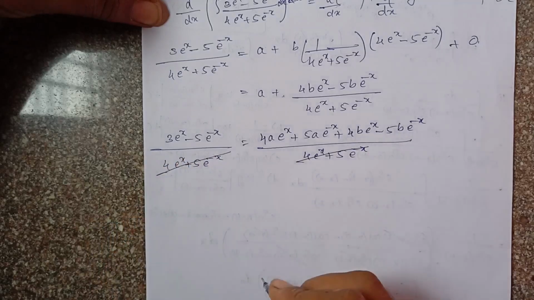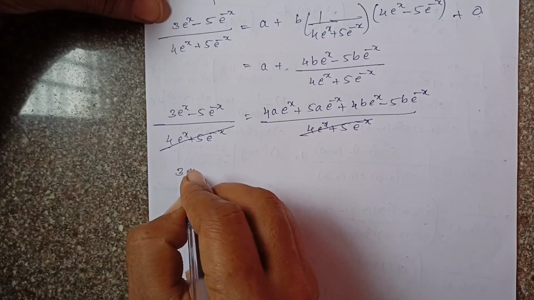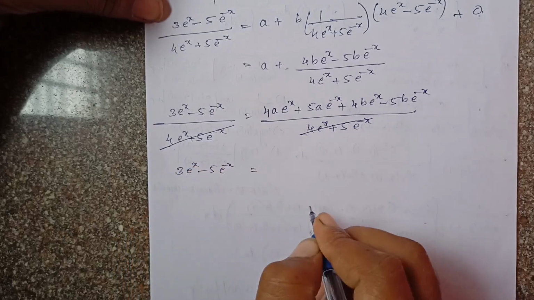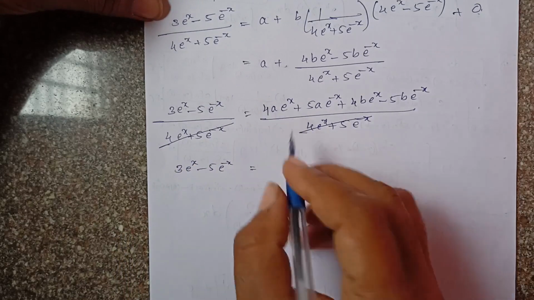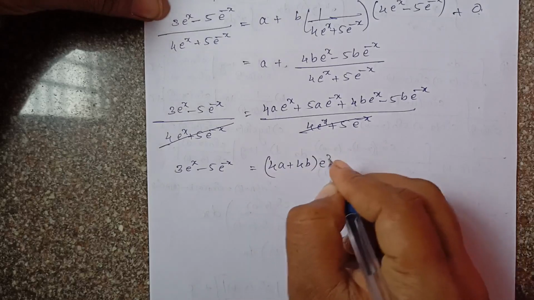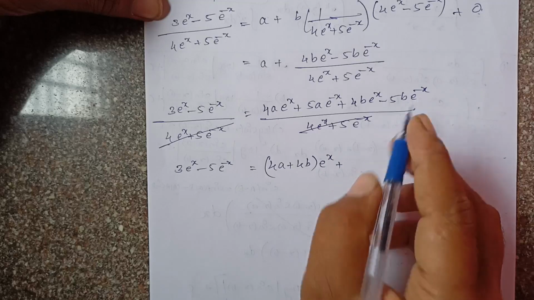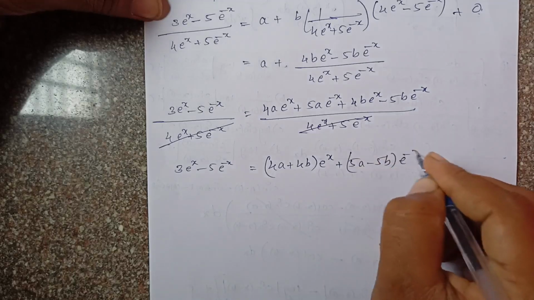Both the denominators are the same, so we will cancel them. Numerators we will compare. 3e^x - 5e^(-x) is equal to, on the right hand side, e^x with e^x, so that is (4a + 4b)e^x. Next, e^(-x) with e^(-x): (5a - 5b)e^(-x).